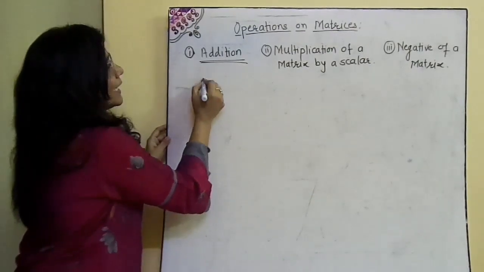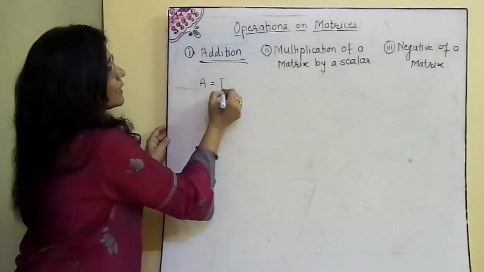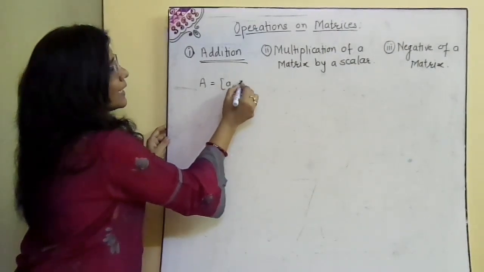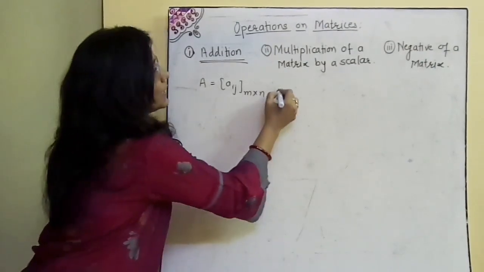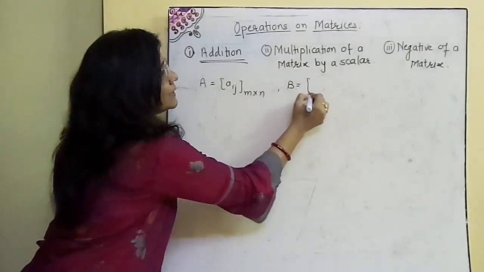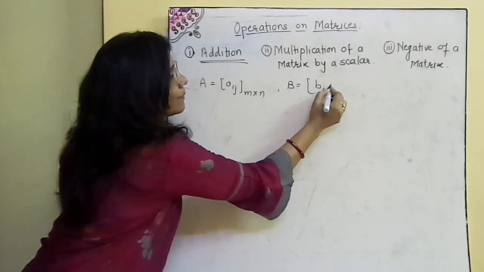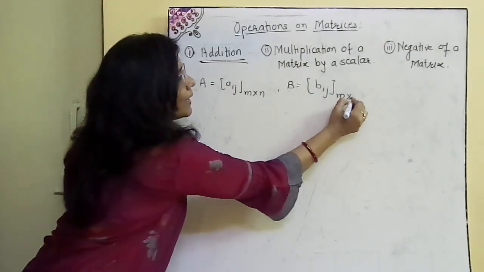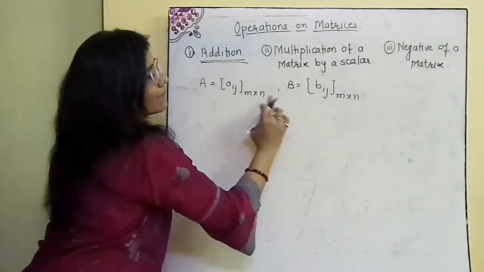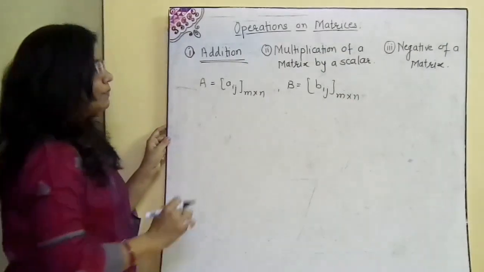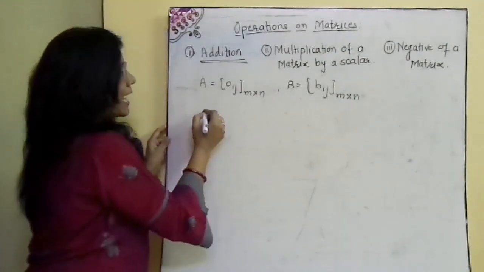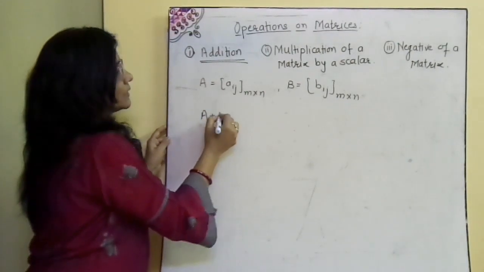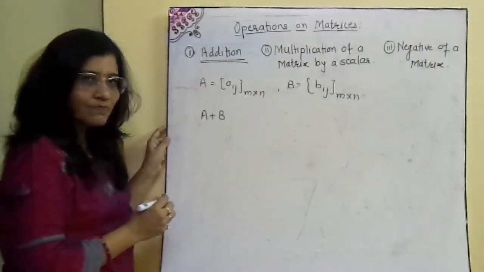Suppose A is a matrix whose elements are given by Aij and whose order is m by n, and B is another matrix whose elements are given by Bij and whose order is again m by n. This m and this m, n and n both are equal. So these two matrices have the same order. Then we can add these two matrices and the resultant matrix will be A plus B.